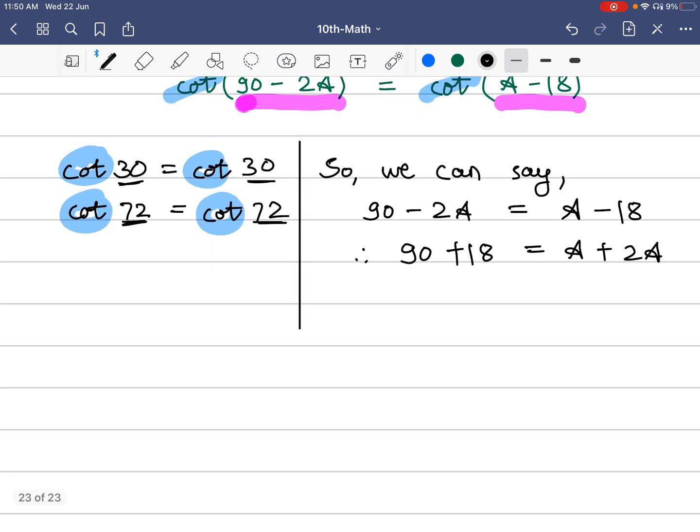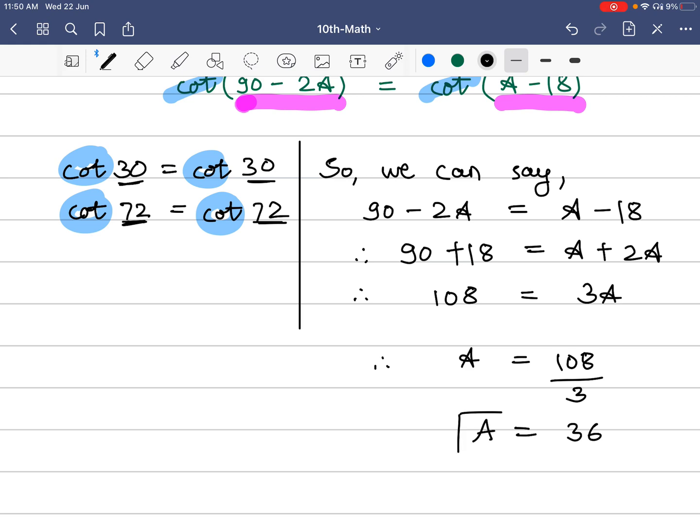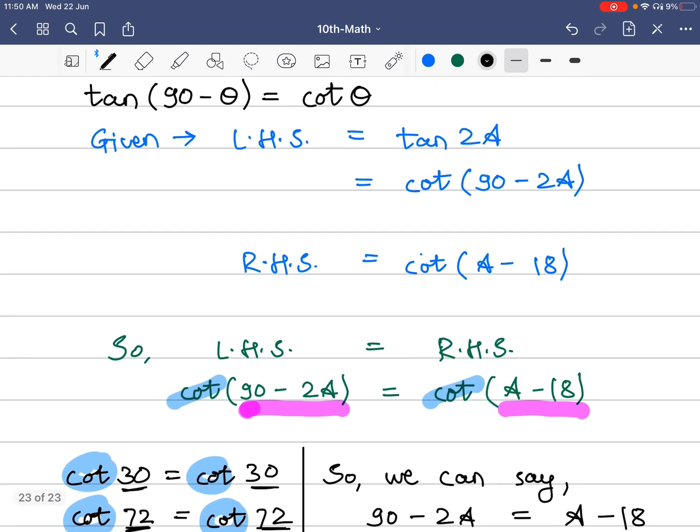Therefore I'm going to get 108 as equal to 3a, and therefore a will be equal to 108 divided by 3. 3 3s are 9 and 3 6s are 18. So a is equal to 36, or you can say 36 degree. So the value of a is what we have to find out.